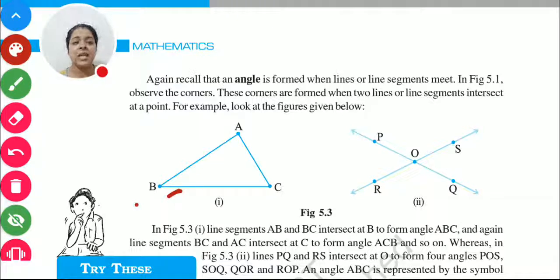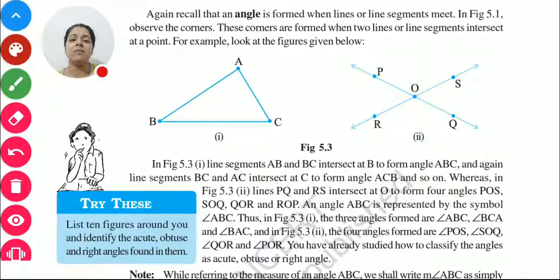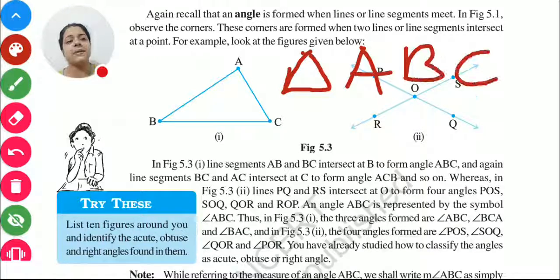So how can we say and how can we name it? The question comes like that, how can we name it? It is very important that whenever you're writing the name of a triangle, you have to make this symbol, because this is the symbol of a triangle, and then you mention it: triangle ABC.